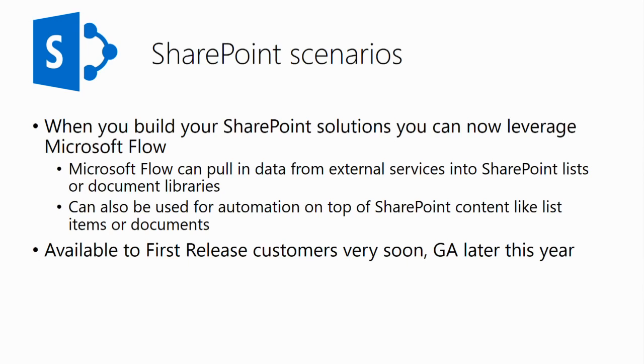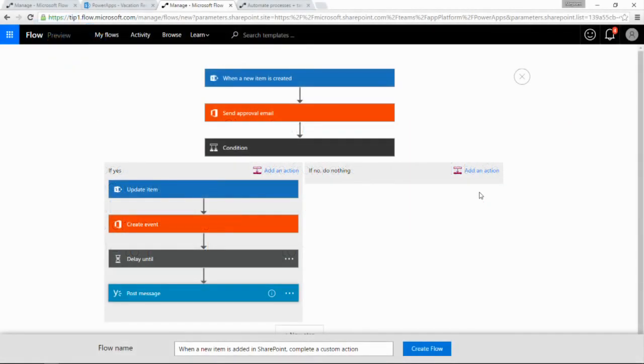Yes, question here? Would there be any APIs for, like, a server error? Yes. So the flows themselves contain a full history of all the activity that's happened.